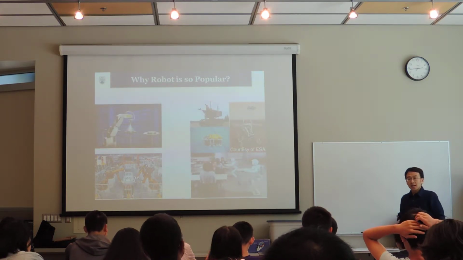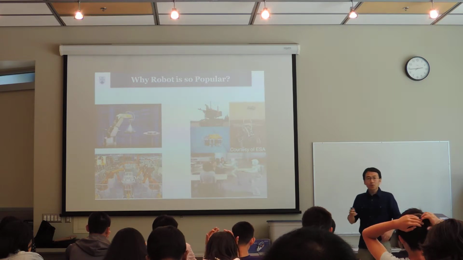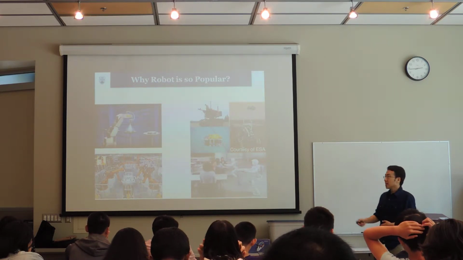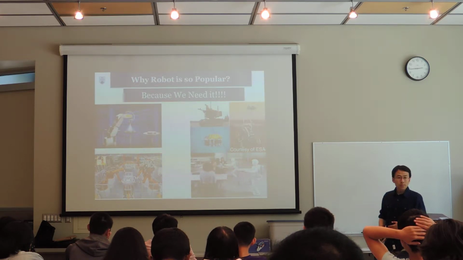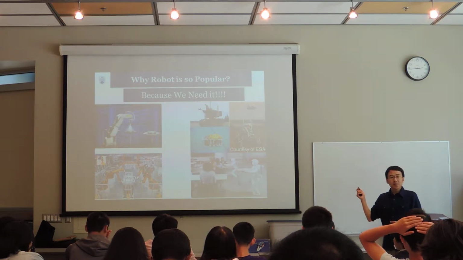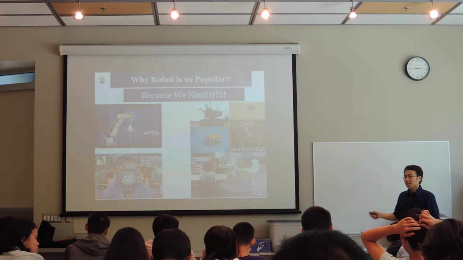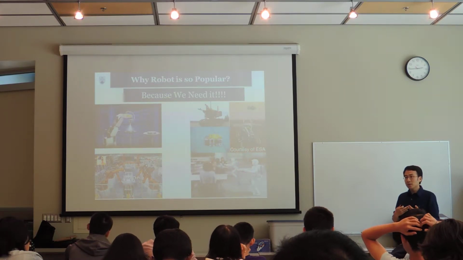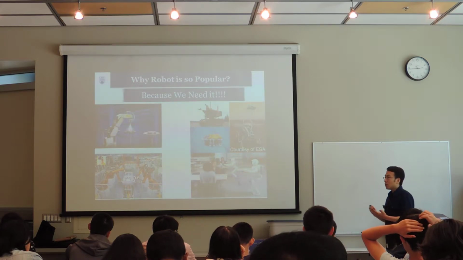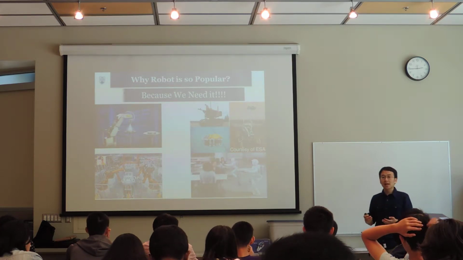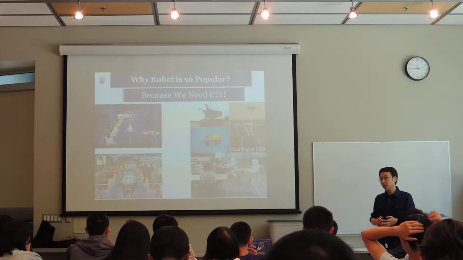Yeah, that's good. Actually, we can put all of your ideas into one point: because we need it. Why do we need it? Because our human beings have limited ability, but robots can help us do things that we can't do or that are very difficult for us.